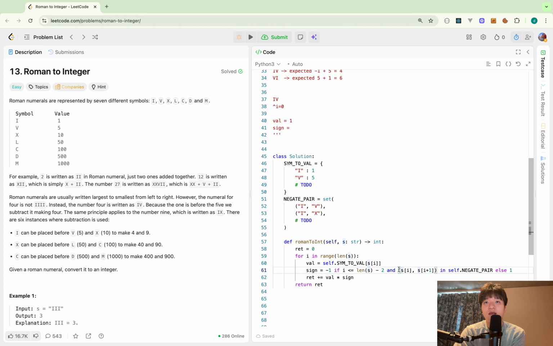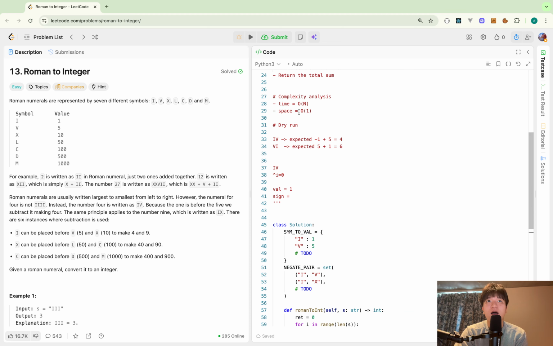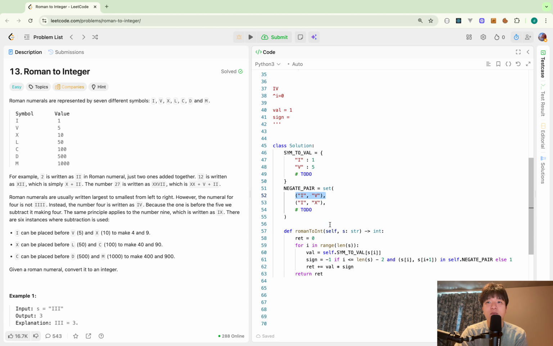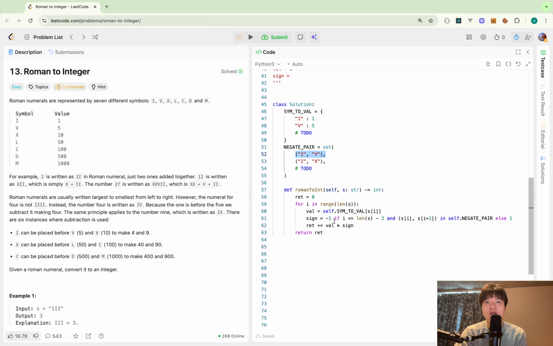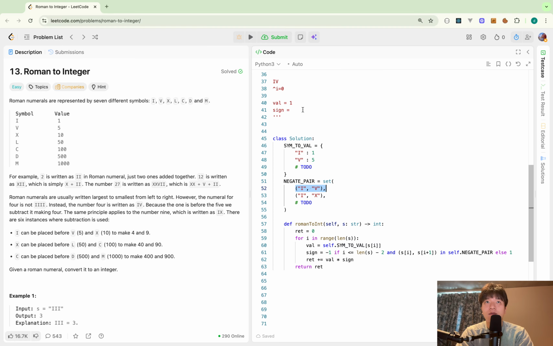And s i plus 1, this is I and V, and the I and V tuple is inside of the negate pair, yes, so this should be in the negative one. So res plus equals bar times sign, 1 times negative 1 is negative 1.